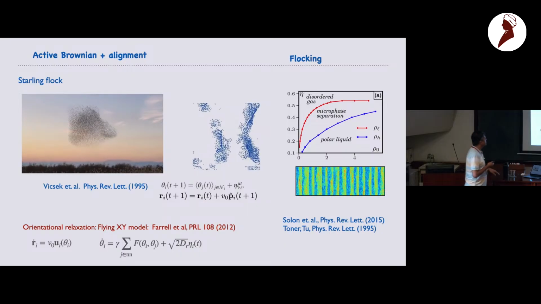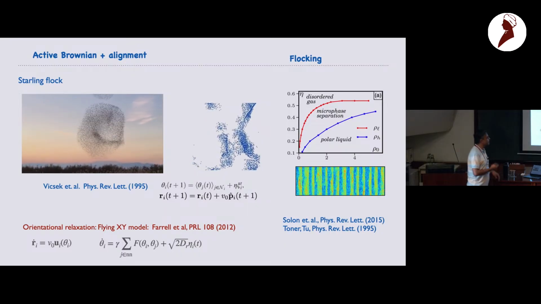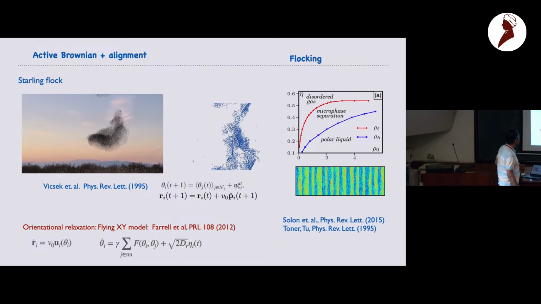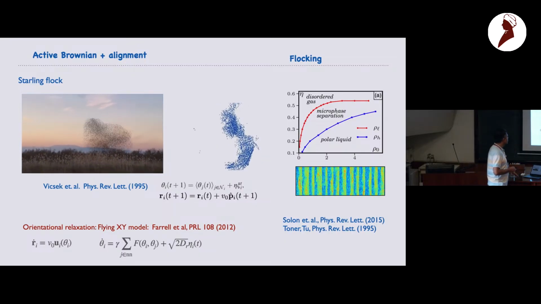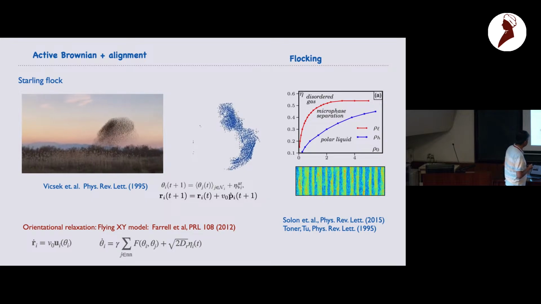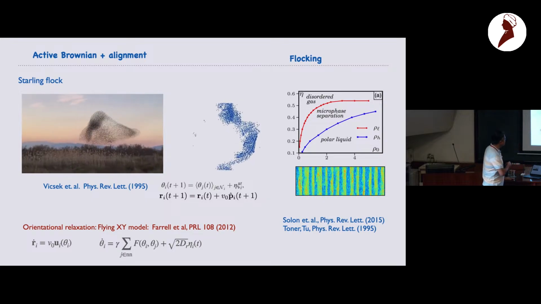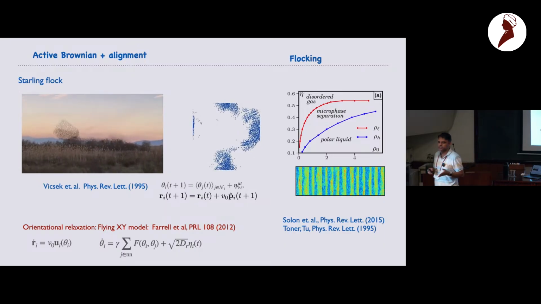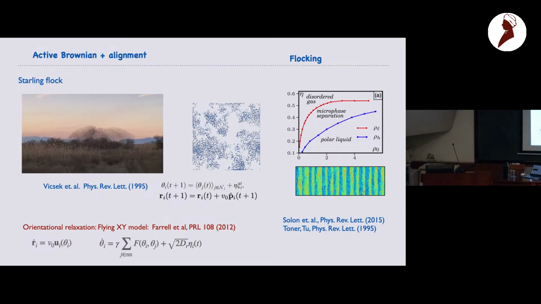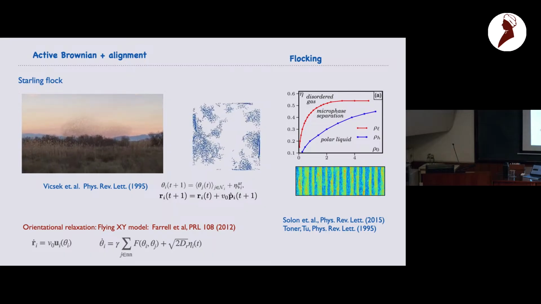So the second part is activity and alignment. Active particles can align. For example, bird flocking was explained using Vicsek-like models, in which there is this persistent direction, but this direction is not independent for each particle.